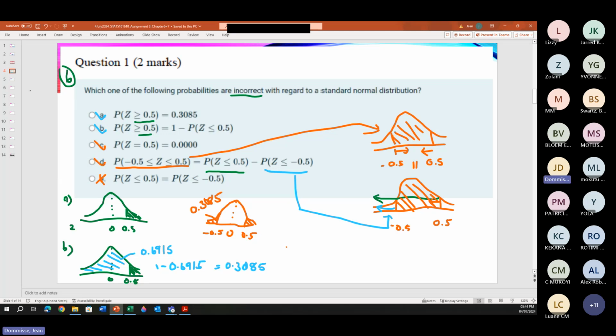correct. Okay, so again, you can use the tables now to say, okay, Z smaller or equal to 0.5, that is 0.6915, that is 0.30.